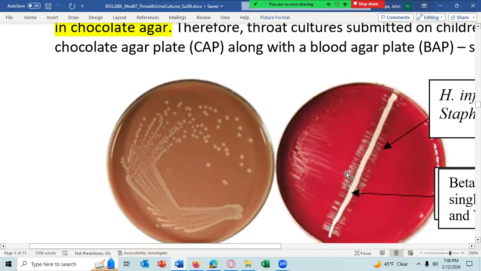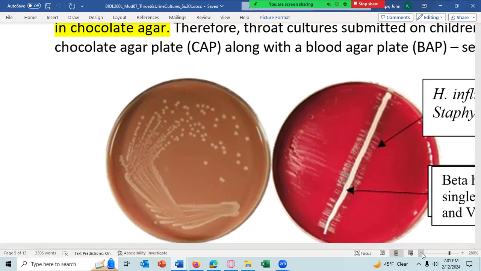And so Haemophilus influenzae does grow in this region of the plate around the Staphylococcus aureus, but it will not grow in this region where we have it streaked because Haemophilus influenzae needs some nutrients from the blood, and Haemophilus influenzae cannot lyse the red blood cells to release the nutrients. Any question about any of that?